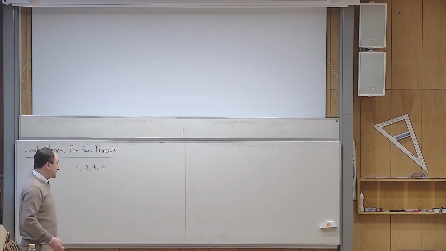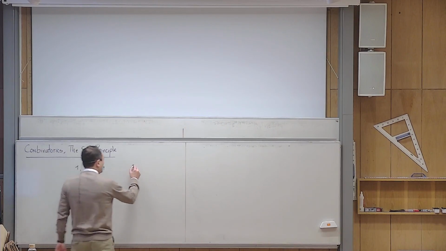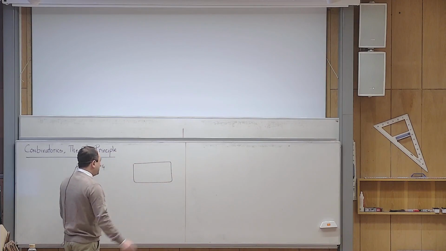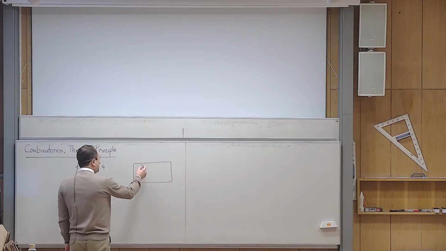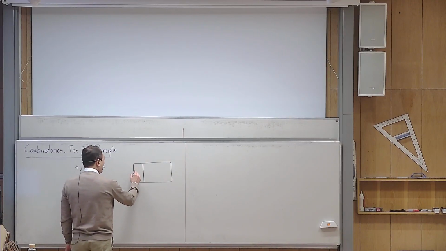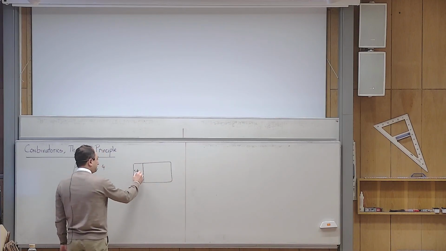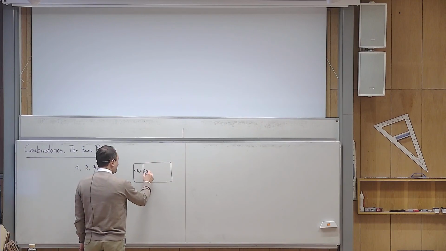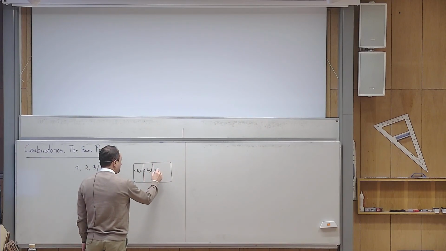So you can imagine in your head, if this is the total possibilities that I have, I can partition it into different categories. I have 1-digit numbers, I can count them, yes?